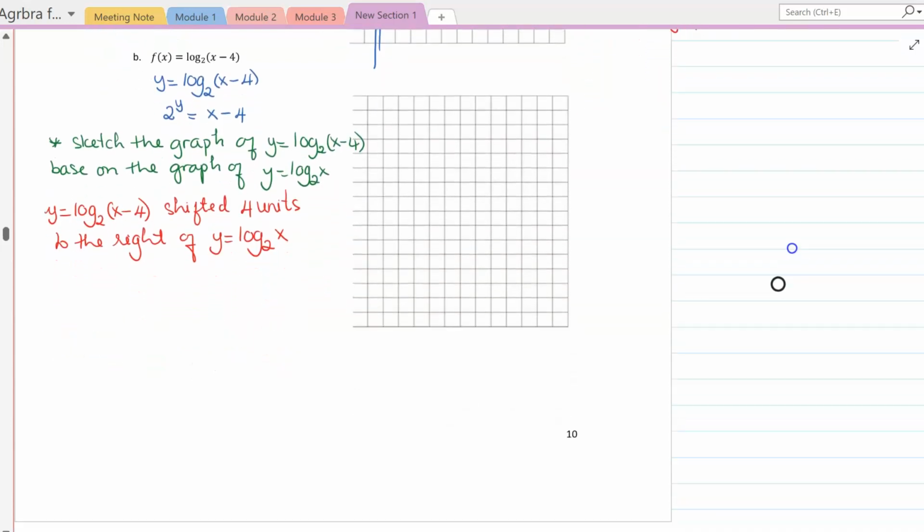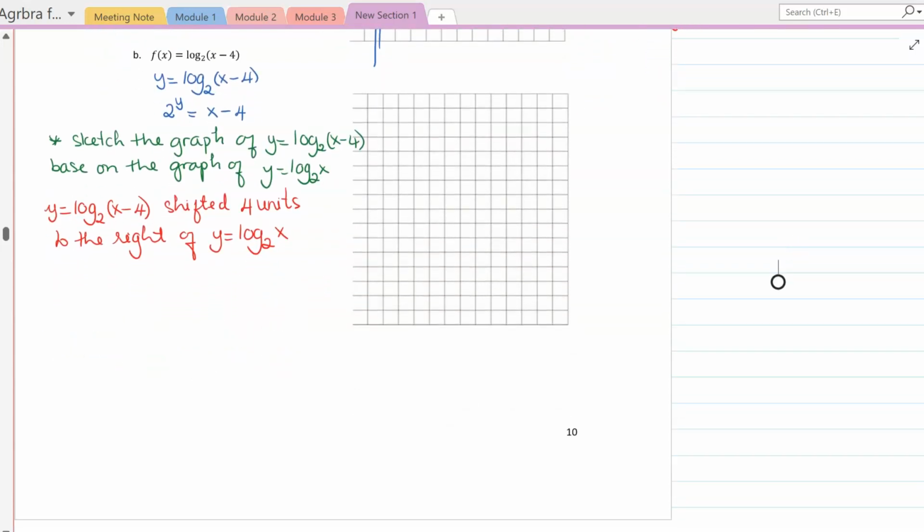So I'll go ahead and sketch the graph of y equal log base 2 of x, and then we'll use the transformation. So here I know that 2 to the y is equal x. Again, I make the table of values. I pick the value for y and calculate the value for x.